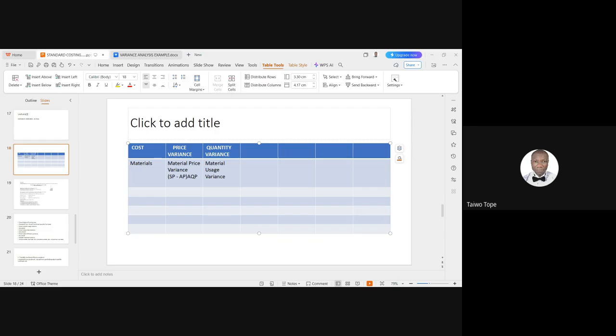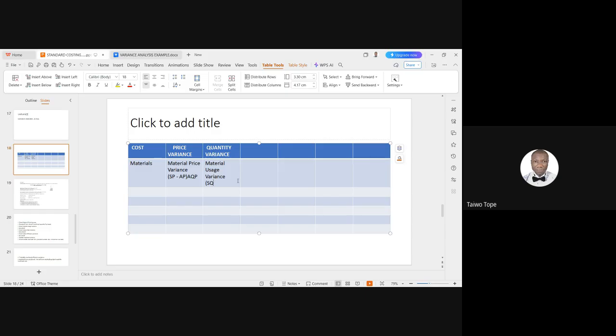You don't just say standard quantity; standard quantity of what? So material usage variance is your standard quantity in terms of usage, not just standard quantity but standard quantity of actual production.